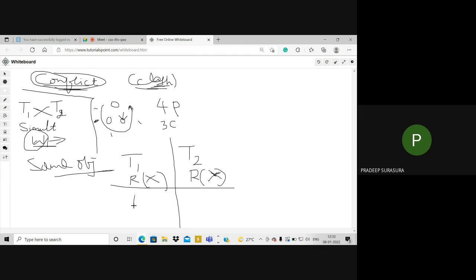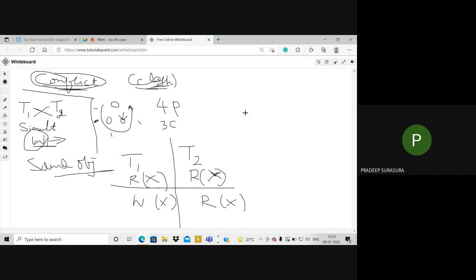But what if one is reading the data and the other one is writing the data? Then you may run into a certain problem.